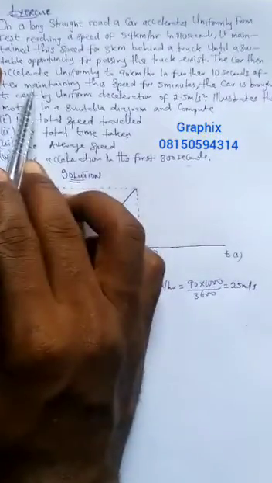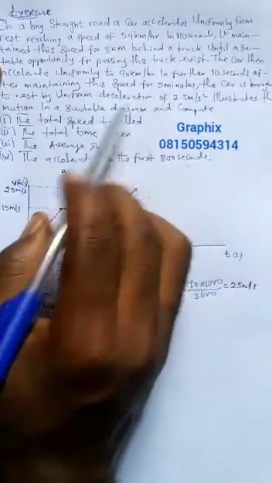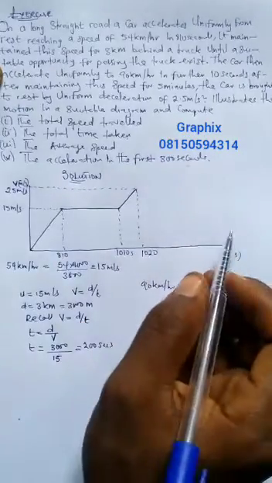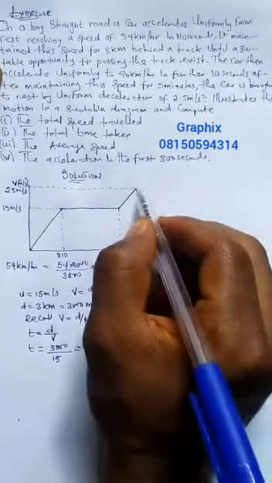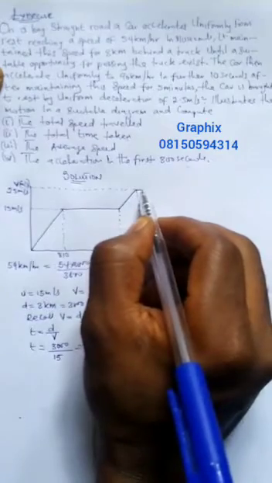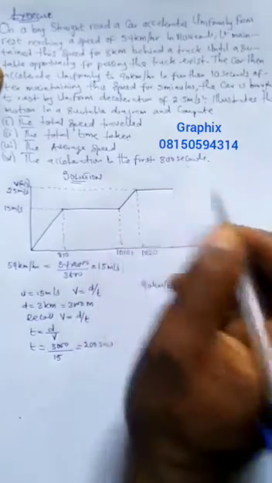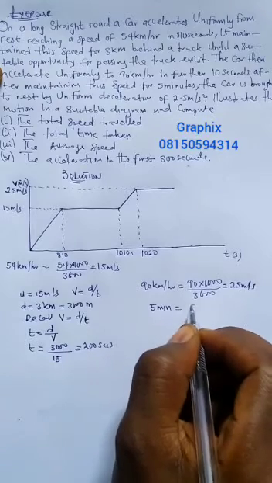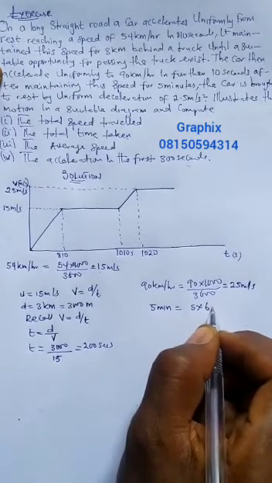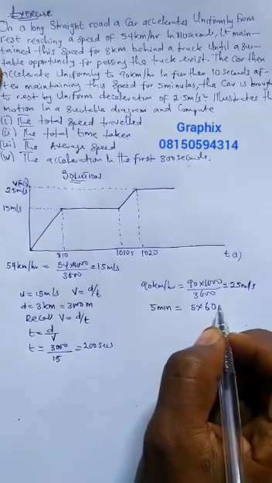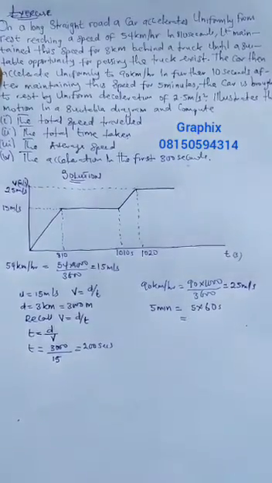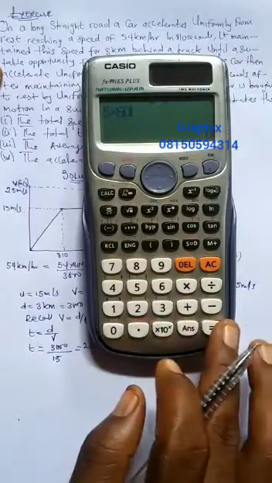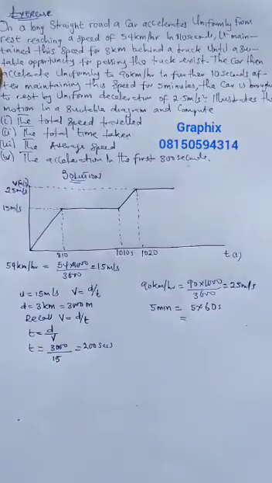Now it moves forward again. It says after maintaining the speed for 5 minutes, then it comes back to rest. So we know that 5 minutes is equal to 5 times 60 seconds, which will give me 300 seconds.